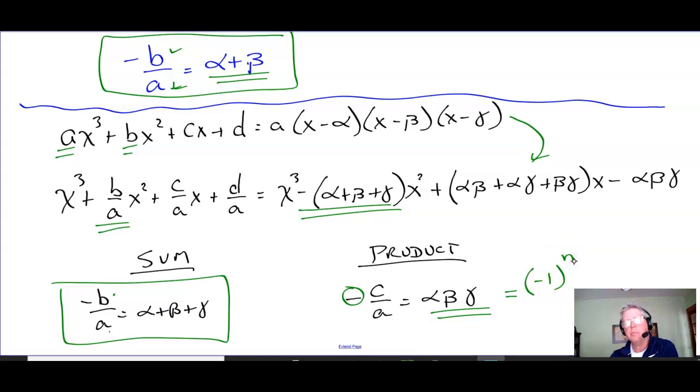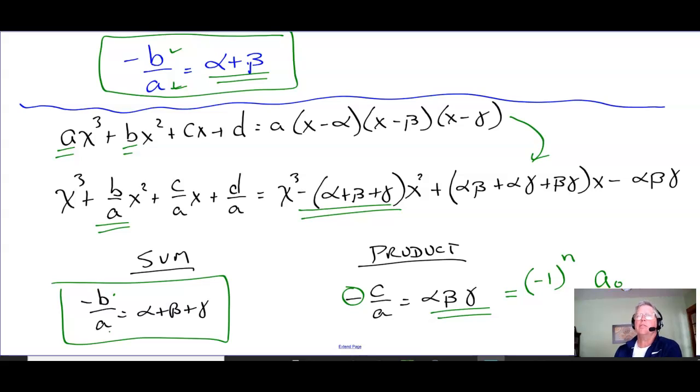So as n becomes even or odd, that's going to change that negative up front. Any even n is going to be a positive, like the quadratic, 2 roots. There you go. And it's always going to be the constant term over the leading coefficient. So I think they had a sub 0 over a sub n.